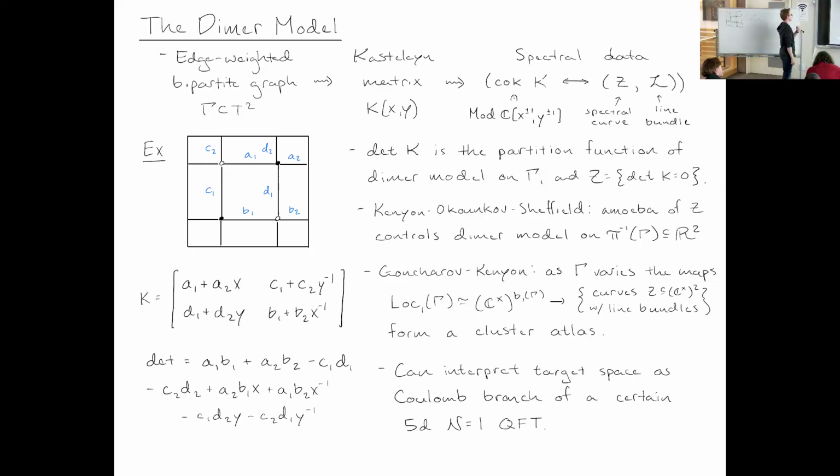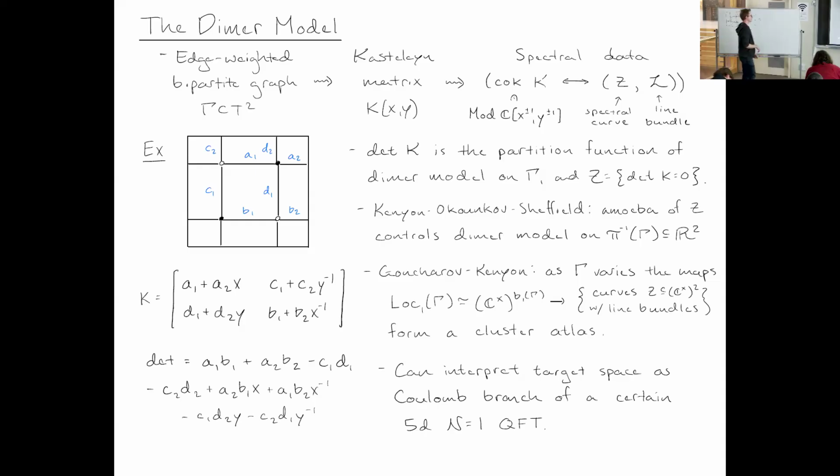So the first comment is that this construction depended on an edge weighting, but if I think of my edge weighting as specifying a connection on the graph, where say I put a one-dimensional space at every vertex, and then read these as parallel transports from black to white, the resulting spectral data up to isomorphism only depends on the edge weights up to gauge transformation.